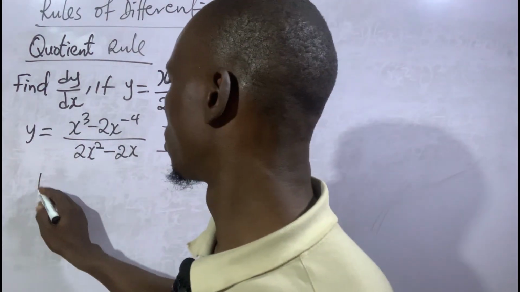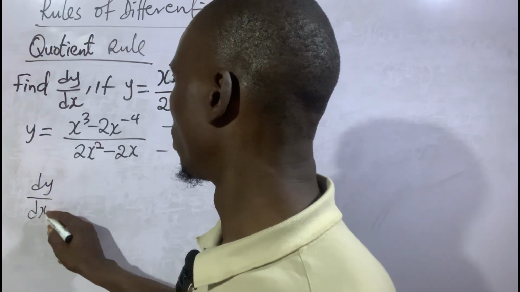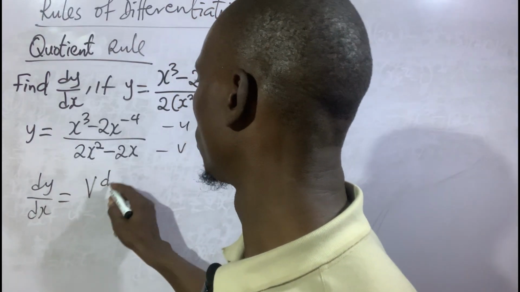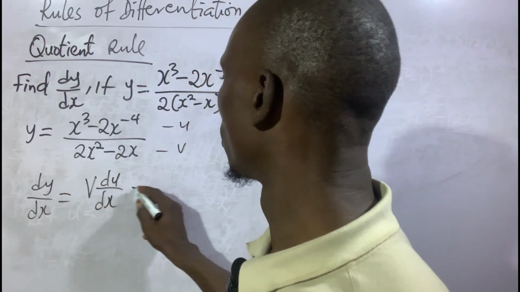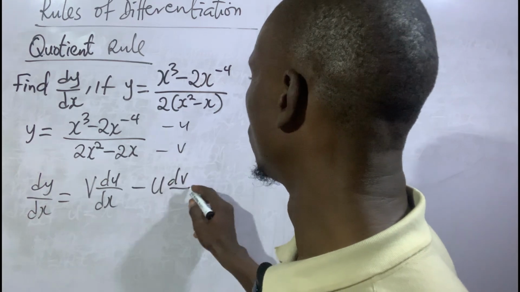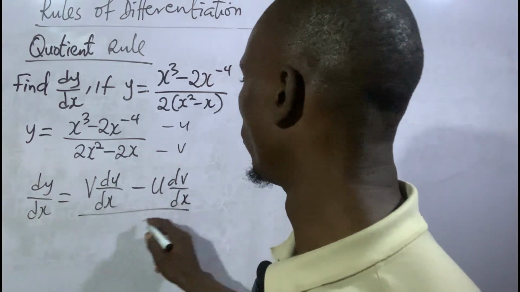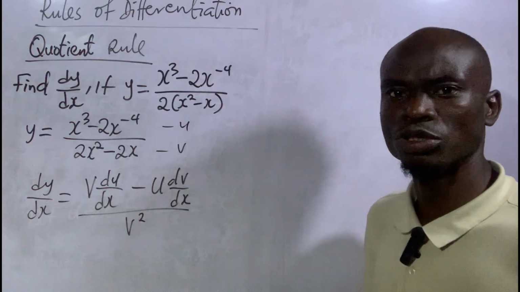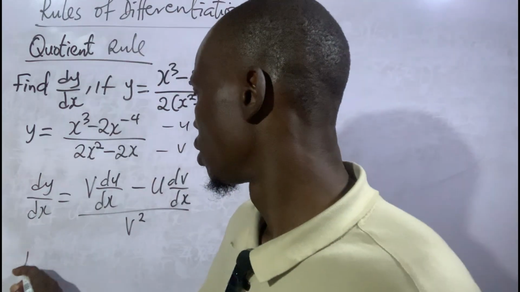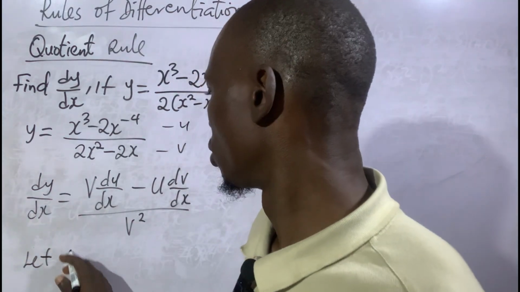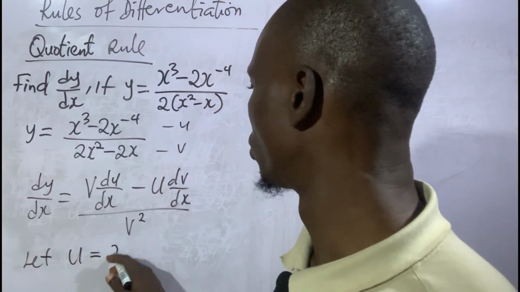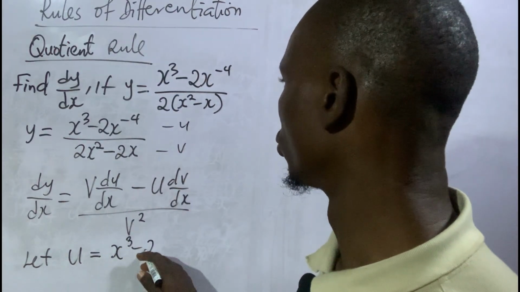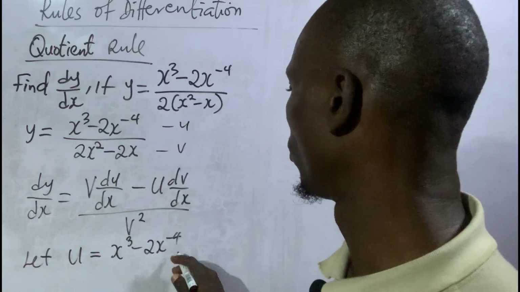My formula says dy over dx is equal to (v du/dx minus u dv/dx) all over v squared. So as usual, we're going to take our u and differentiate it. Let u be equal to the numerator, (x cubed minus 2x) raised to the power minus 4.